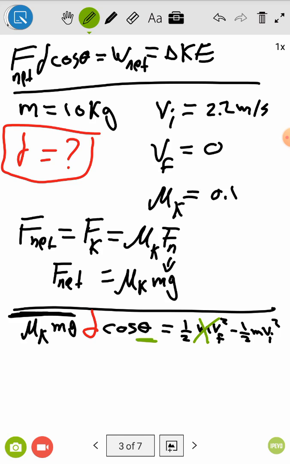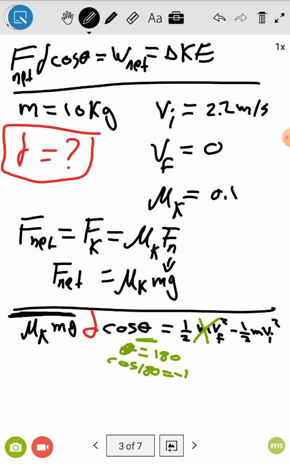Theta is the angle between the force and the displacement. Friction force always opposes the motion direction, so theta equals 180, and cosine 180 equals minus 1.